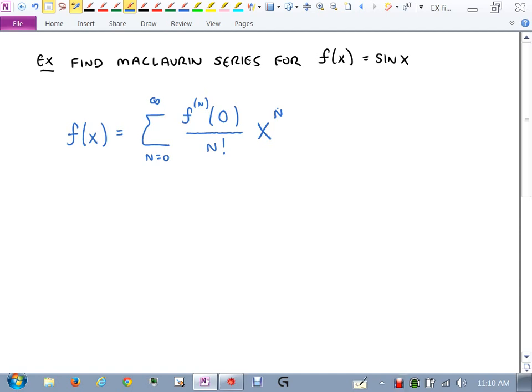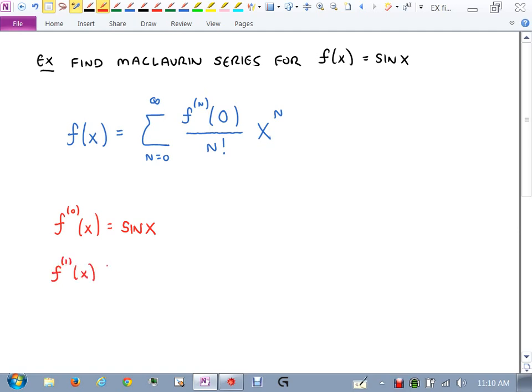So I'm going to need some derivatives, and I'm going to try and get a pattern if I can. So let's list out some derivatives here. What is the 0th derivative of the function? It's sine x. The 0th derivative means I'm not taking a derivative. Now, what's the first derivative?